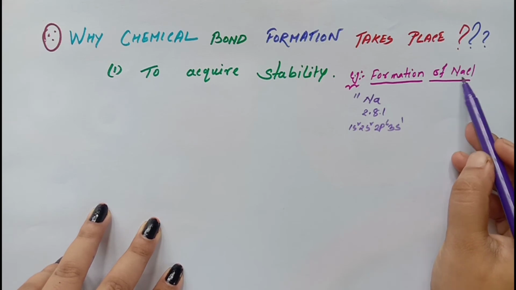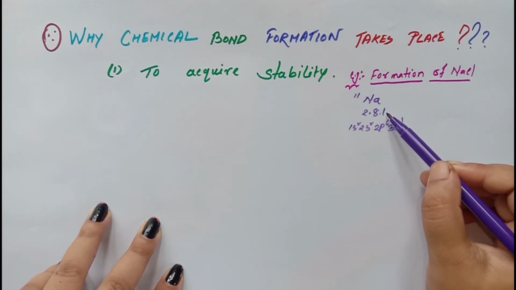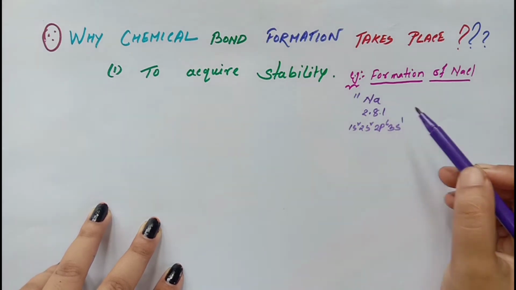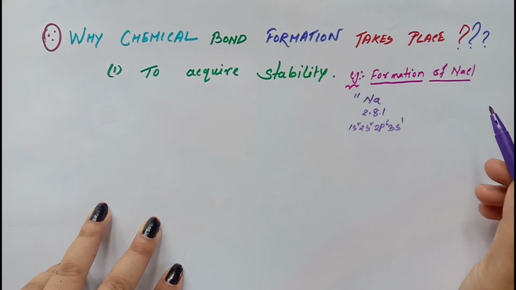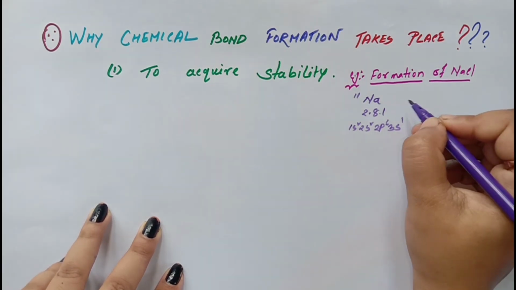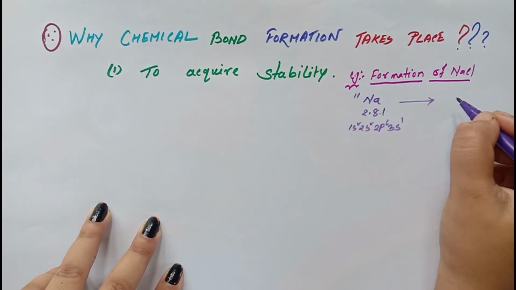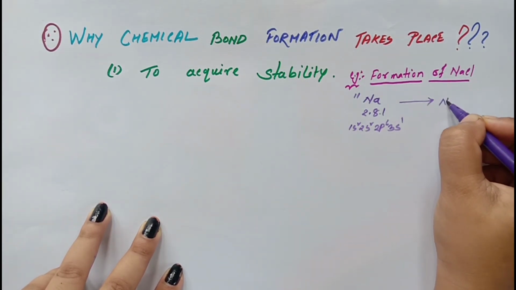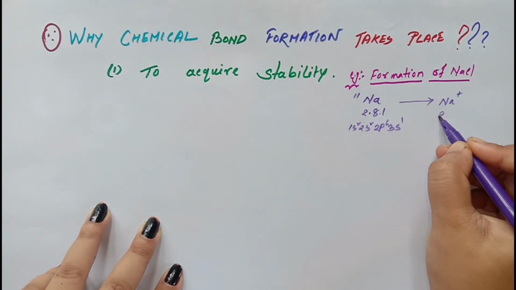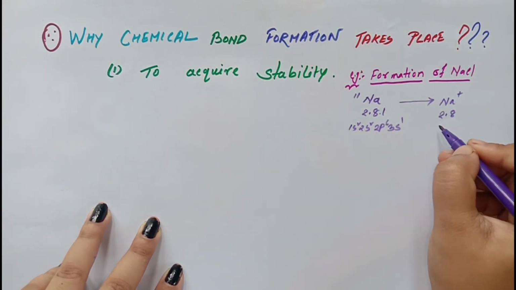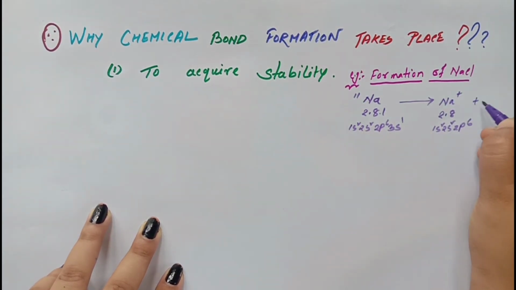During the formation of NaCl, sodium will lose its outermost electron to get the stable nearest noble gas electronic configuration. So it will remove its outermost electron and form the Na+ ion. Its electronic configuration will be 2, 8, that is 1s2, 2s2, 2p6.